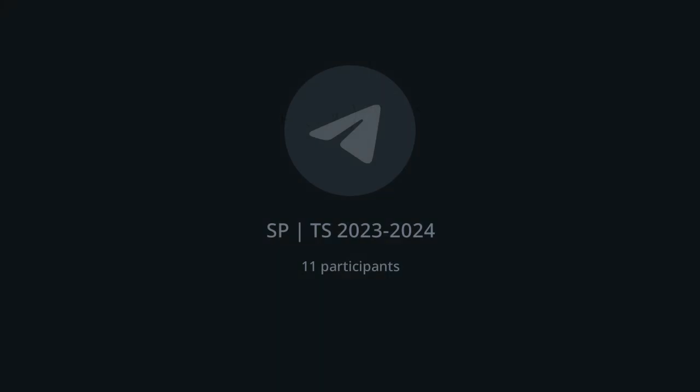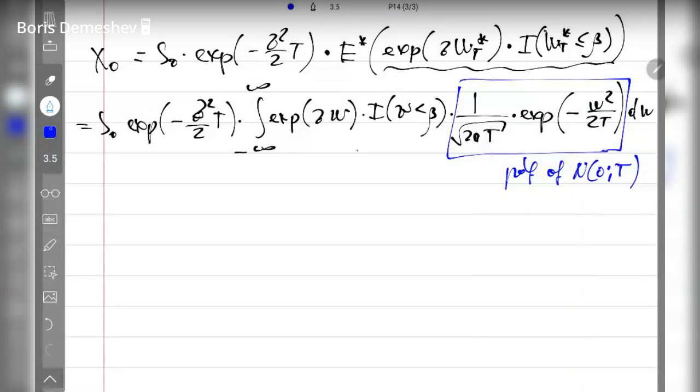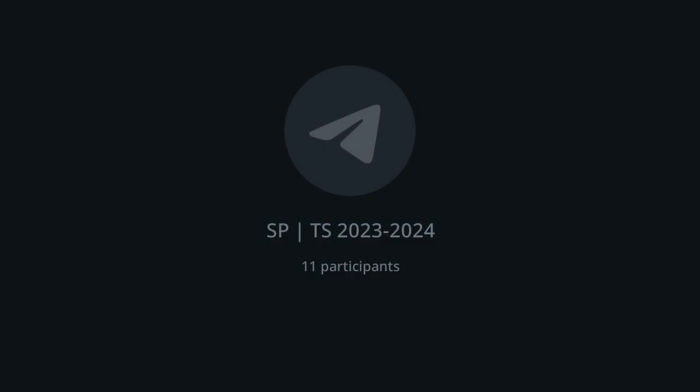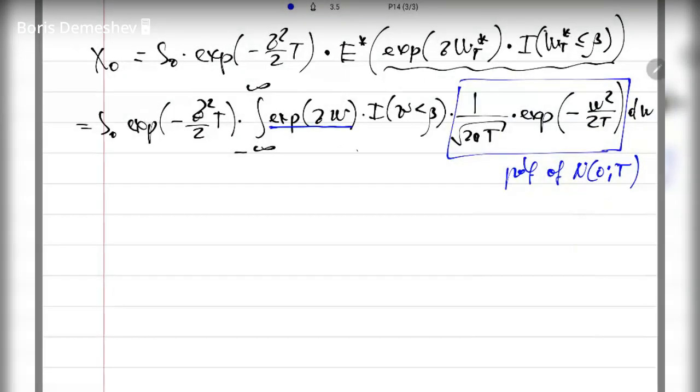Okay, so what shall we do? We shall take this term, take that term, and bring them together. We have 3 exponents.